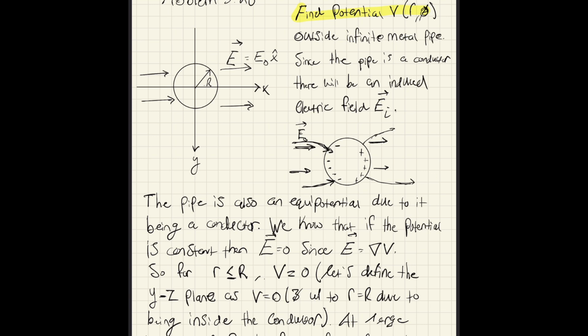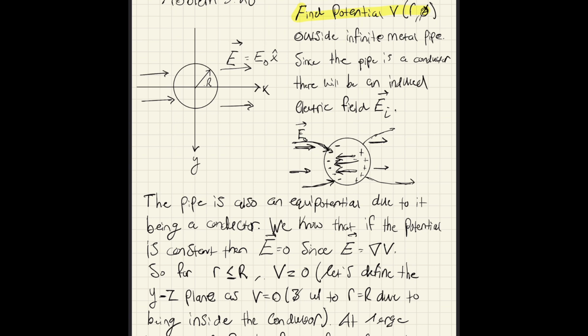Positive charges will move towards the right side of the pipe, and negative charges will come to the left side of the pipe, as in this second diagram I've drawn, which will then induce its own electric field going this way, that opposes the external electric field.